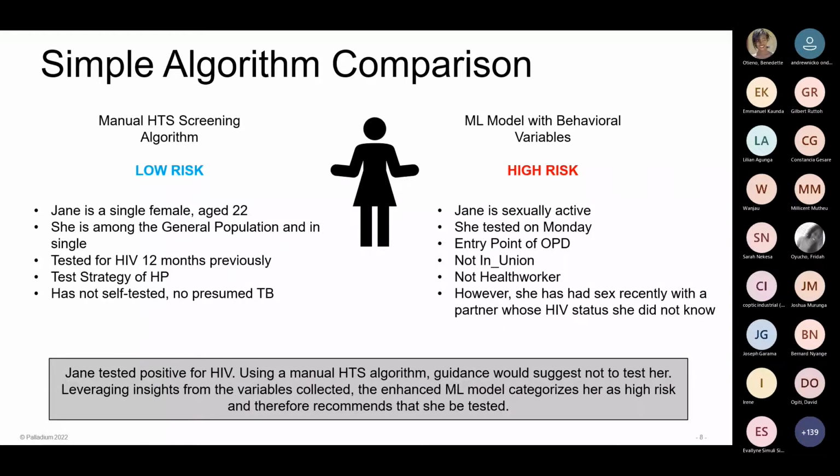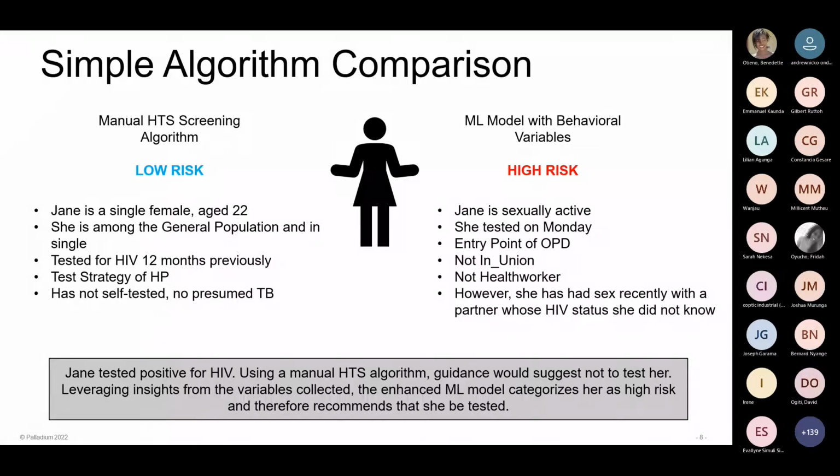So when we augment the provider's assessment with the ML model, which currently has now included behavioral variables in addition to the regular HTS variables, we are able to tease out that Jane is a sexually active client.